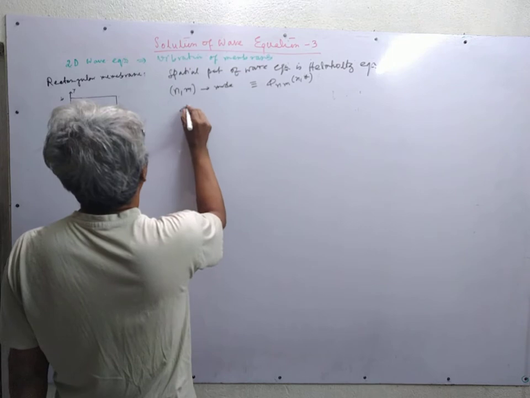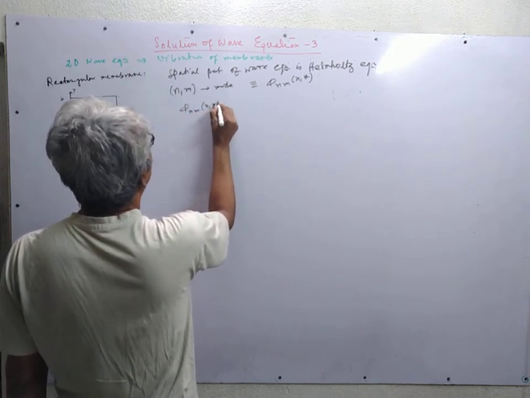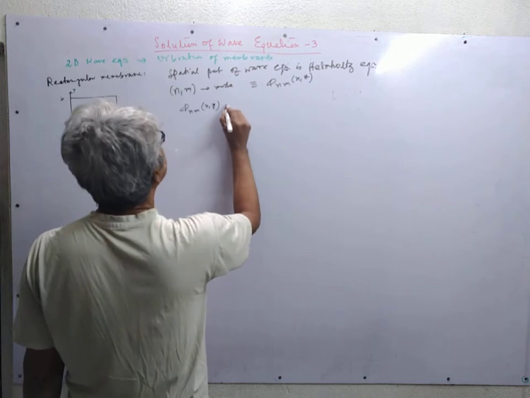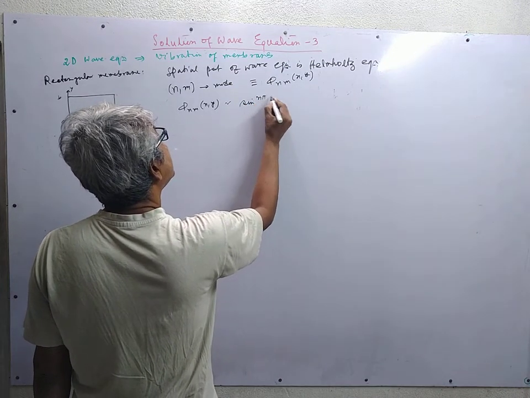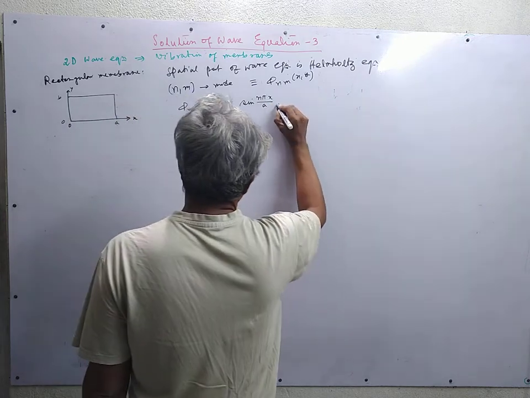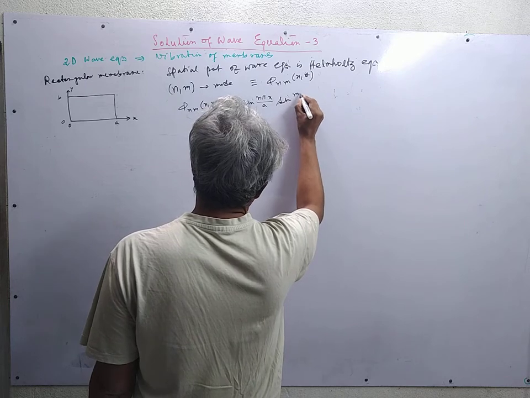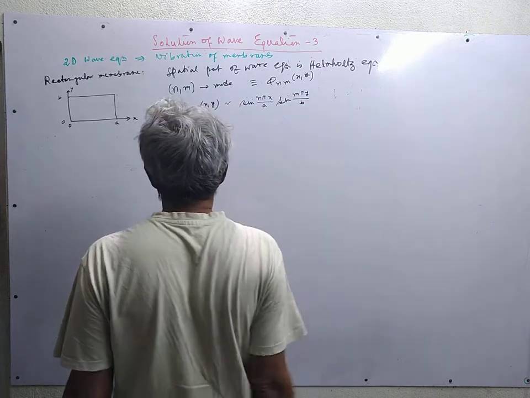Recall that phi n m x y, apart from a constant, is sine of n pi x by a sine of m pi y by b.